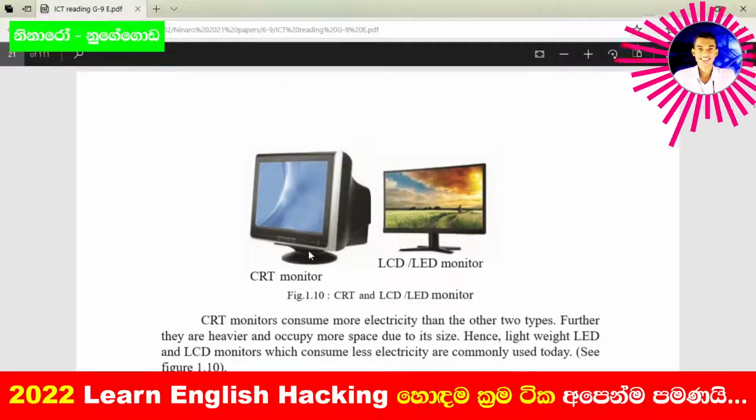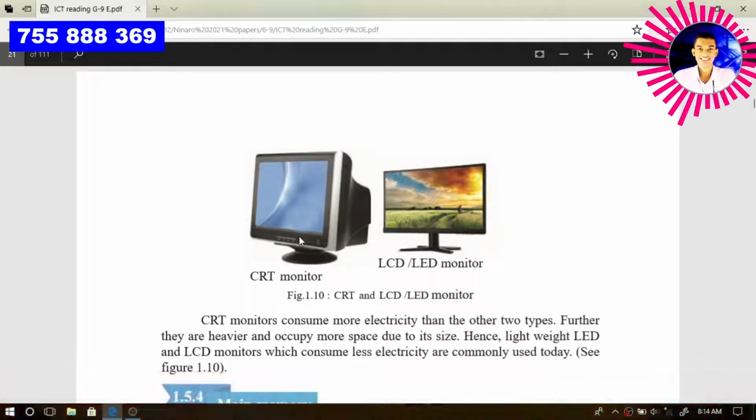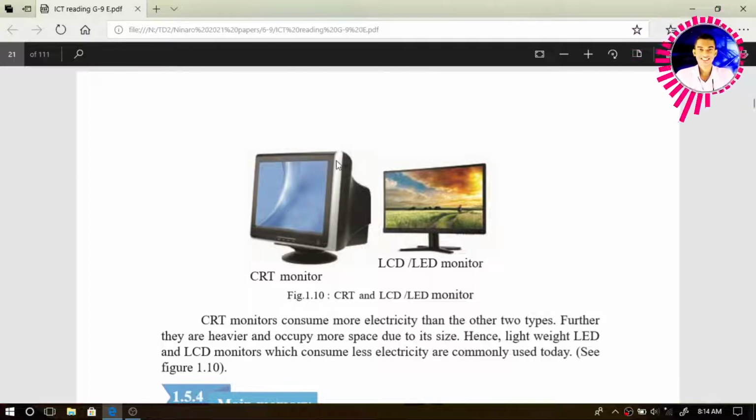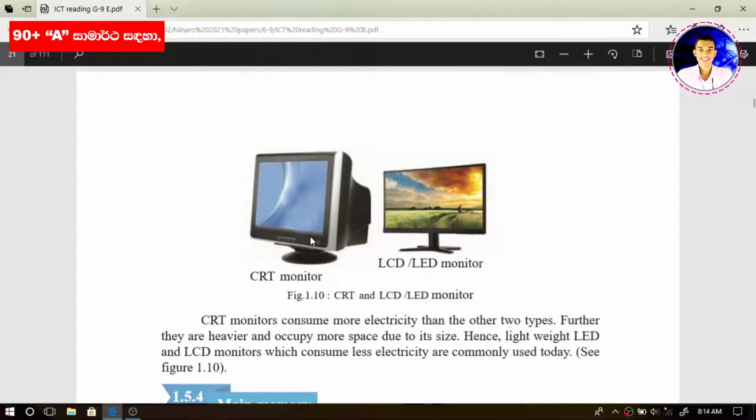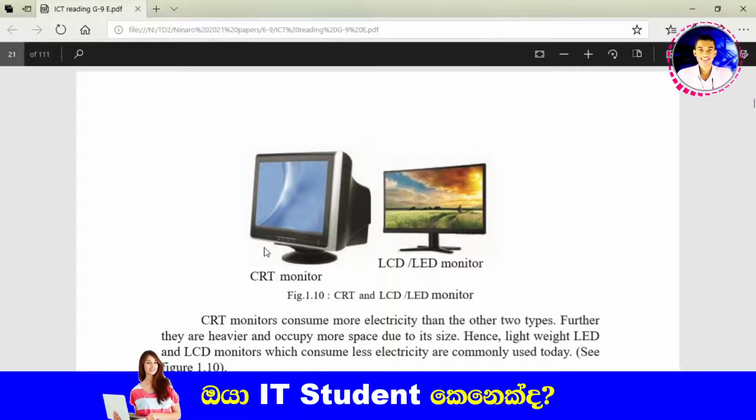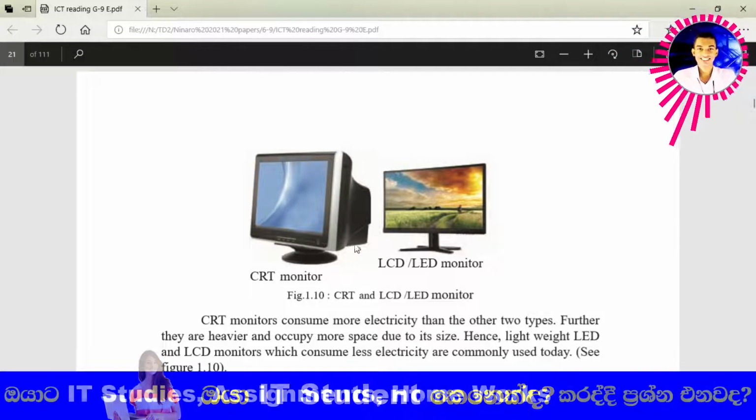Here, you can see the difference between CRT monitors and LED monitors. As I explained, CRT is a large monitor. If we consider this as a 3D item, we consider this as the length, this as the height, and this as the width.